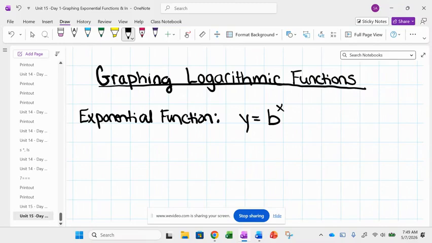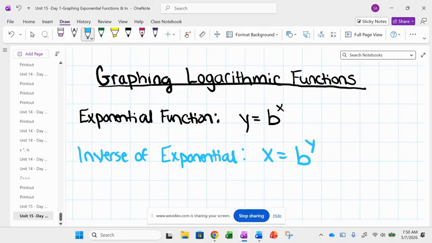Some base raised to the x power. If I wanted to find the inverse of an exponential, what would I have to do? If I give you an equation and I ask you to find the inverse, anybody remember algebraically what we do? Well, you swap. Good. The first step is to swap x and y.